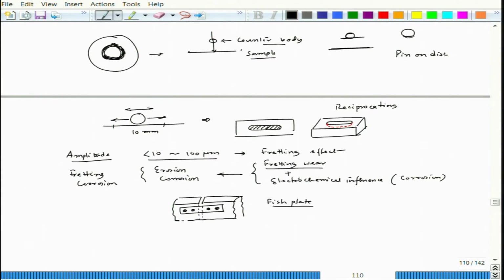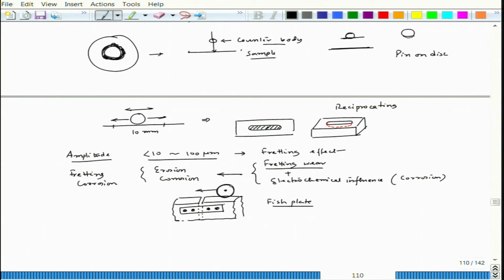Now, the fist plate is a place where you might experience this fretting. If it is a long amplitude reciprocating thing, then it should not be considered as fretting corrosion. Fretting corrosion happens when there is a very minute amplitude relative motion of two bodies under contact or under stress. Now, when a train moves, the wheel gives a pressure on top of the two rails.